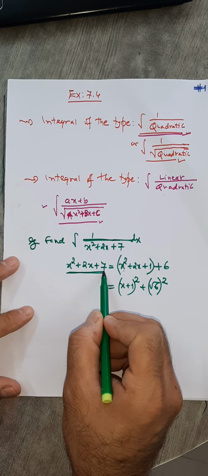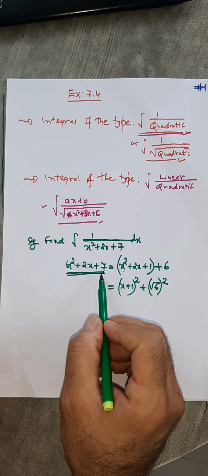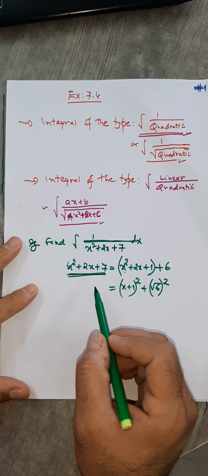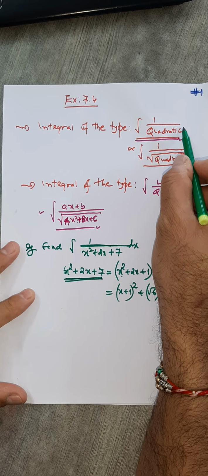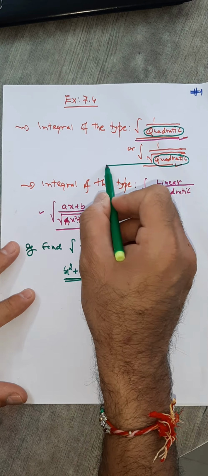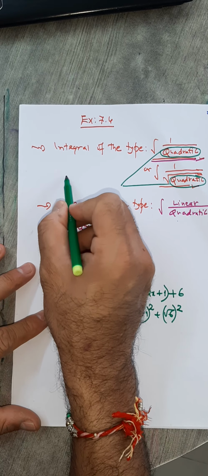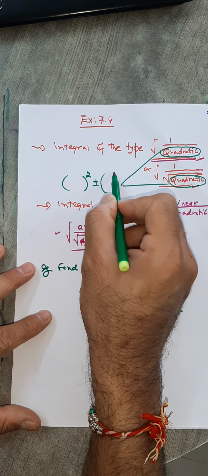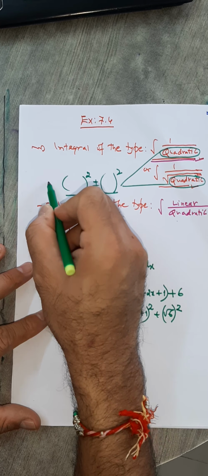Every quadratic can be expressed as sum or the difference of the two perfect squares, right? So we express whether it is this quadratic or this quadratic as a sum or the difference of the two perfect squares. One expression here plus or minus the other expression. We'll do this.